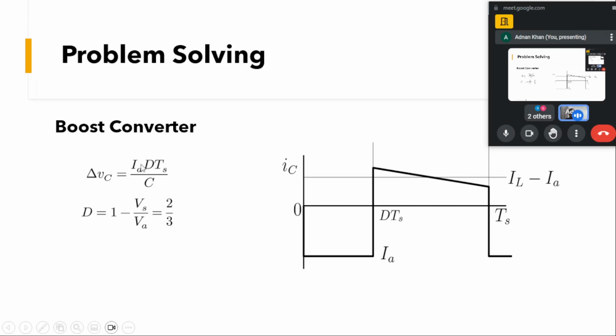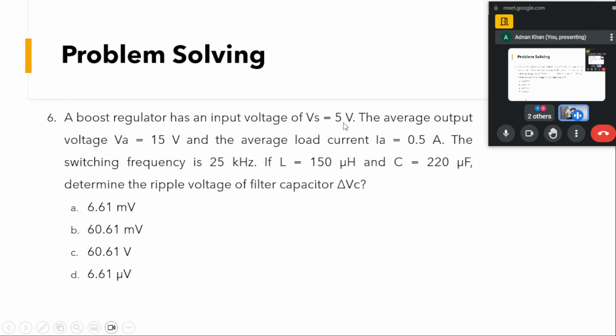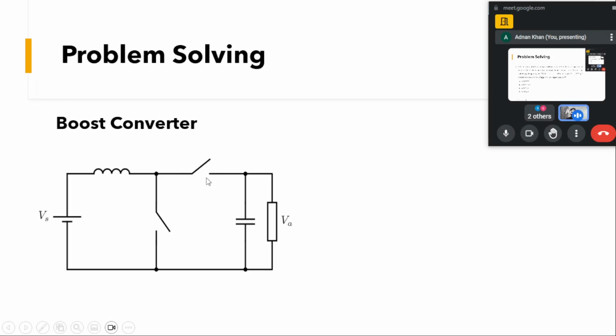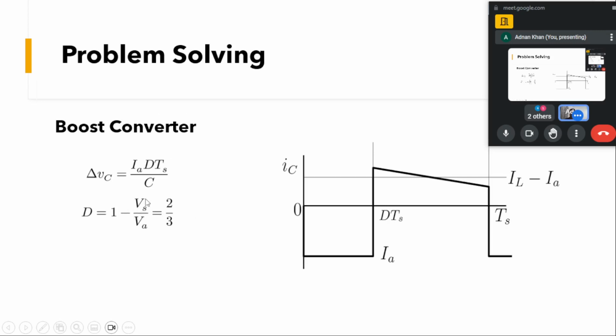In the 0 to DTs interval IC is minus Io, and substituting there, dividing by DTs, we get delta VC by C. Also, for the boost converter, 1 minus D is equal to Vin by Vout, which is 5 by 15, so 1 by 3. So D comes out to be 2 by 3.